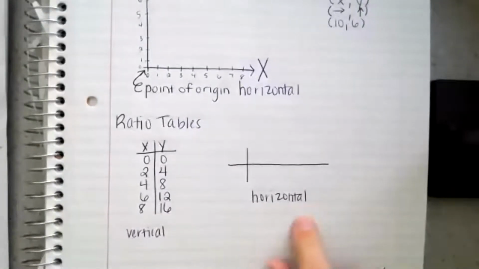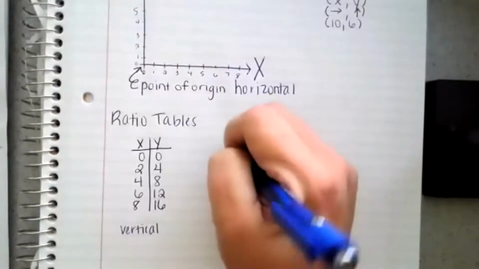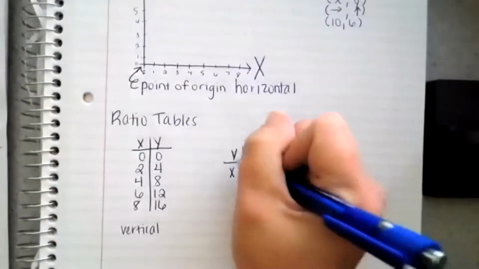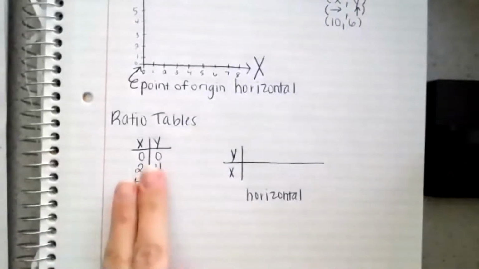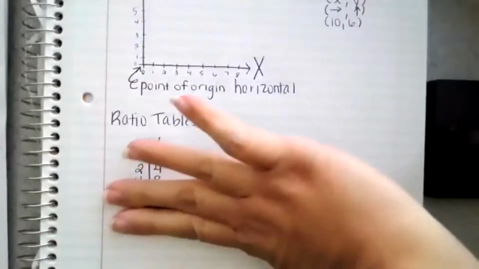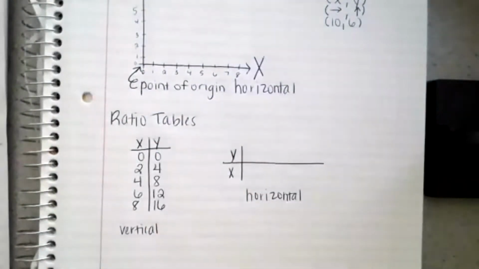Anytime that you see a horizontal ratio table, you typically are going to have Y on top and X underneath. So if you look at this table like this, all we did was lay it on its side. So the letters stayed in the same order.